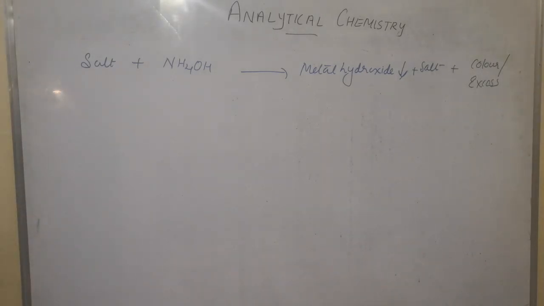In excess, it produces sodium zincate, and with lead, we got sodium plumbite. So here with NH4OH, we have seen that the Cu2+ ion got soluble. Now next is zinc salt.